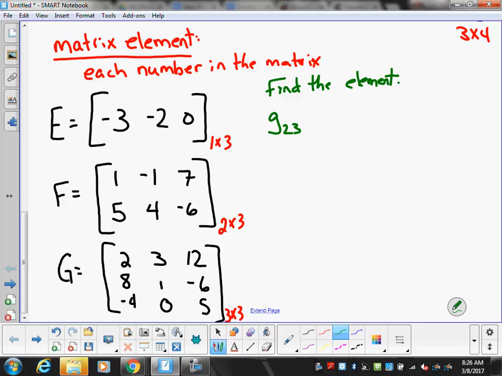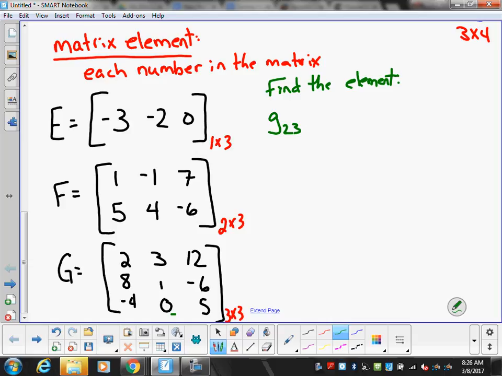Okay. The G is going to refer to matrix G. The 2 and the 3, if I'm trying to find the element, I'm going to find the number that's in row 2, column 3.